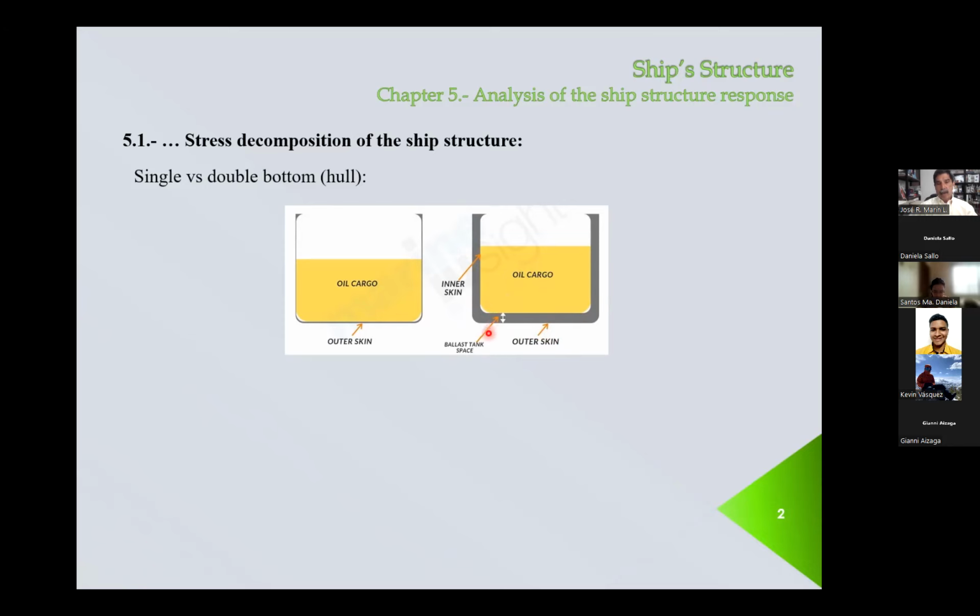In some cases, they don't build this full double hull, but they just build it up to here. For example, you have something like this. It's the hull, and they just build this part here, a double bottom.